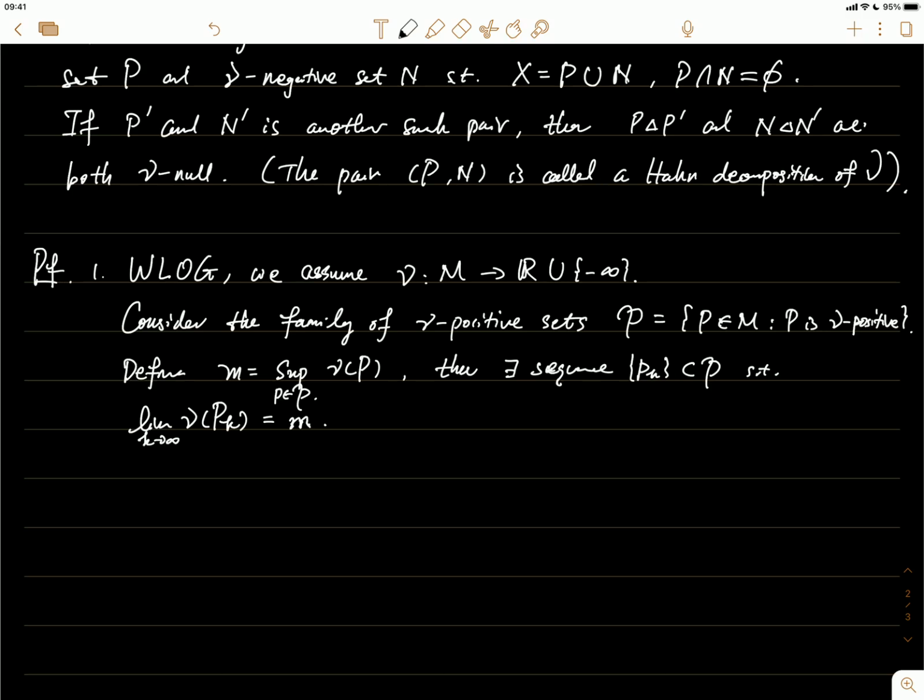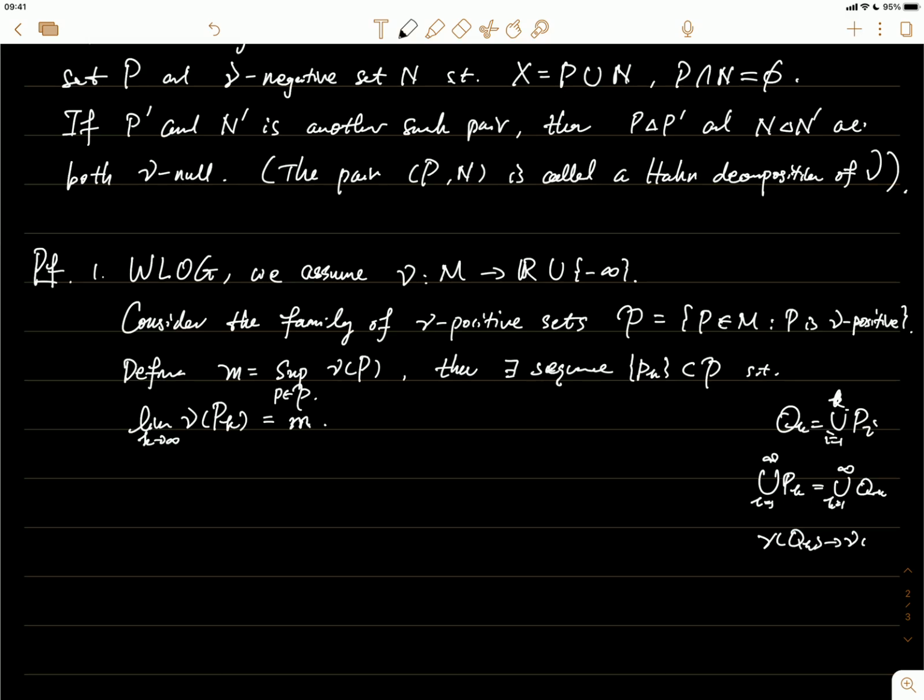So we can define, for example, Qk to be the union of Pi for i from 1 to k, and then we know that Qk will be nu positive, and the union of the Pk's will also be the union of Qk's, which is also nu positive. But right now the Qk is increasing, so the measure of Qk also converges to the measure of the union of these Qk's.